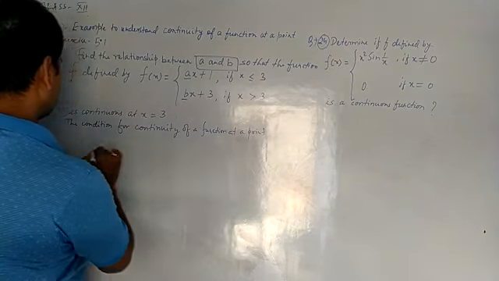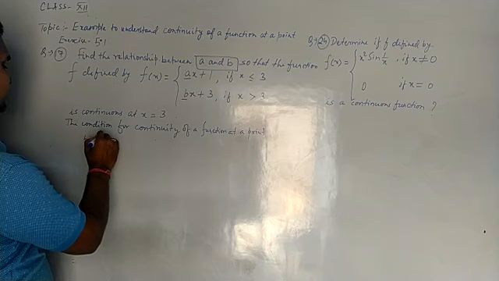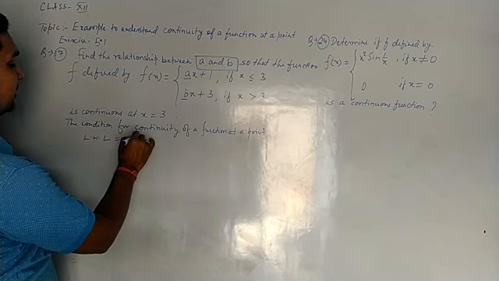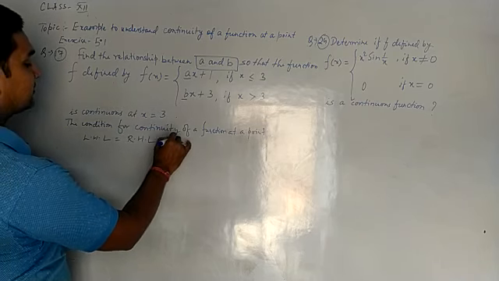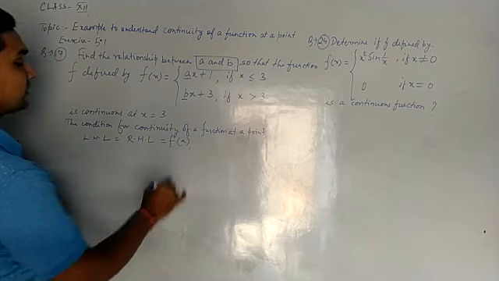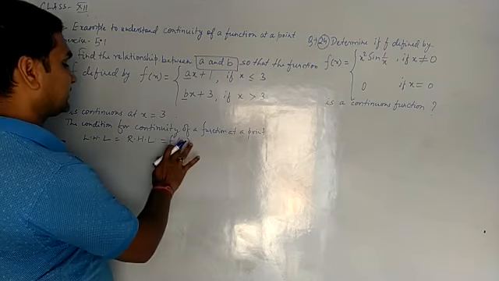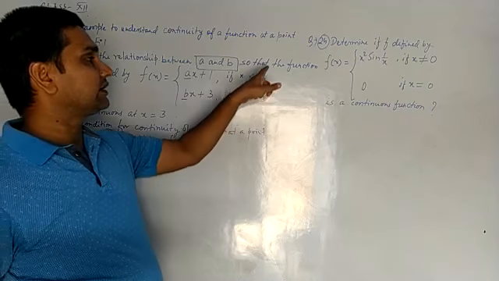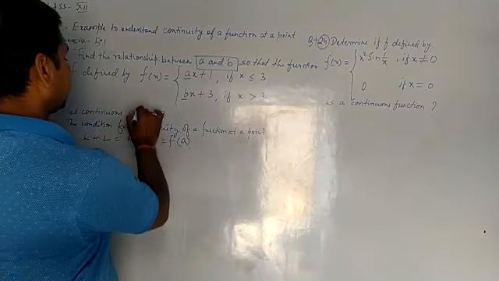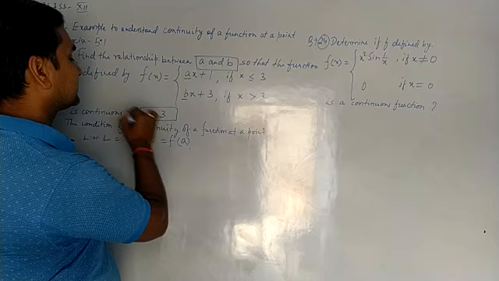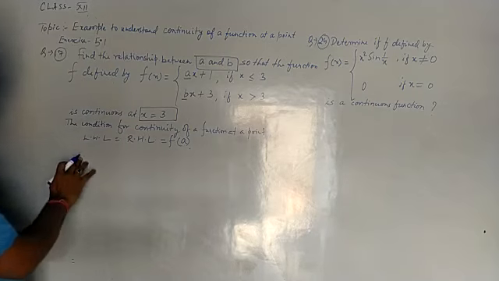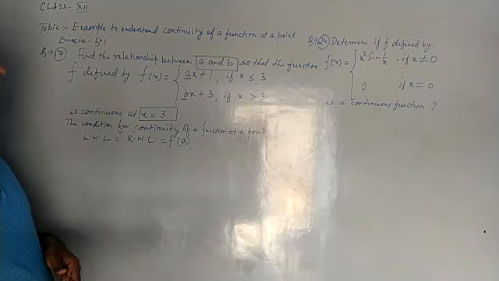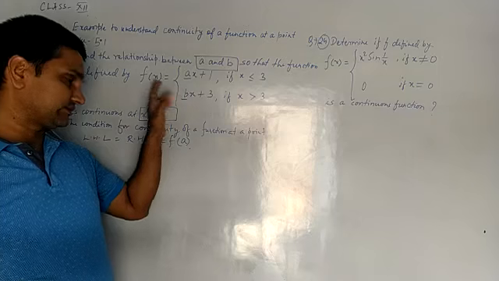The condition for continuity of a function at a point is, as we know, LHL is equal to RHL is equal to f(a). Here the critical point a is 3, meaning at x equal to 3 we need to check the continuity. So LHL must be equal to RHL must be equal to f(a) here.